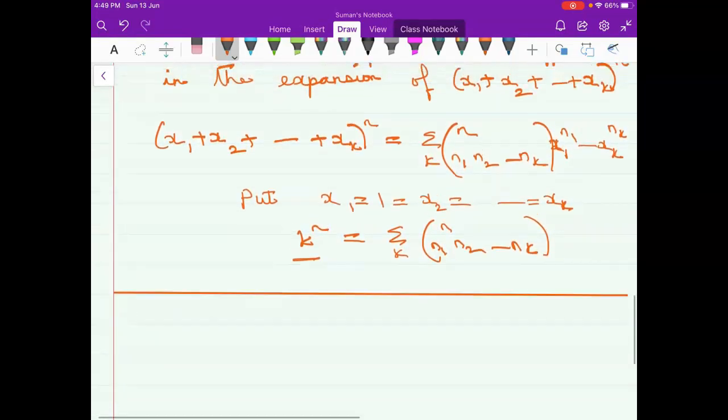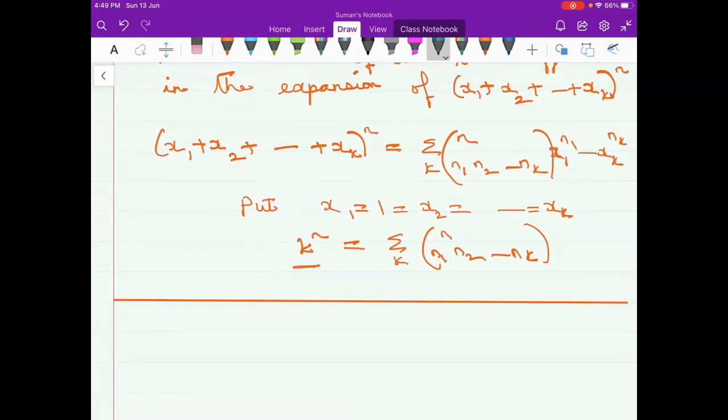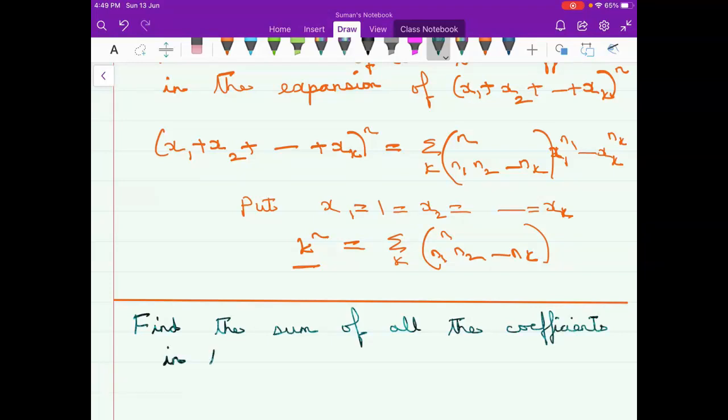We would go one step further. Find the sum of all the coefficients in the expansion of x plus y plus z plus w raised to 5.